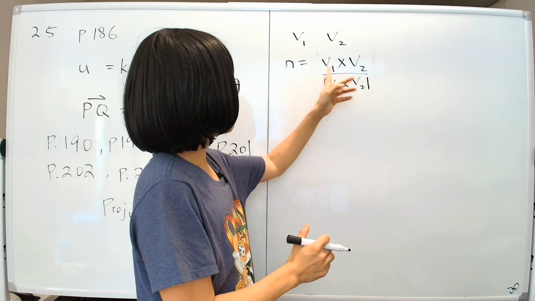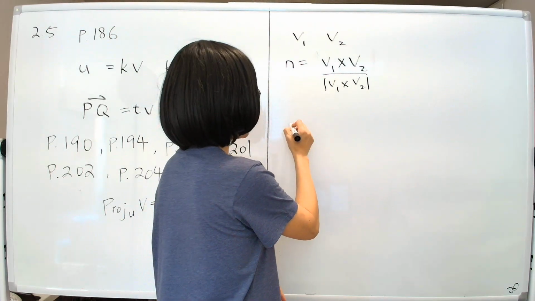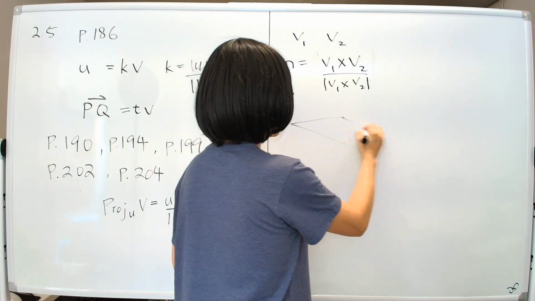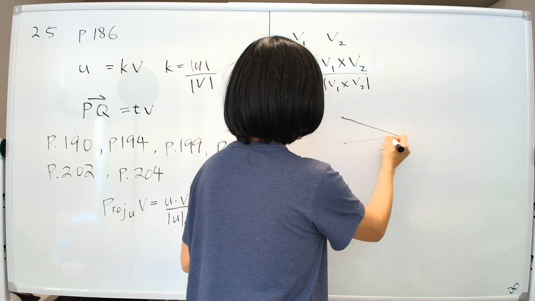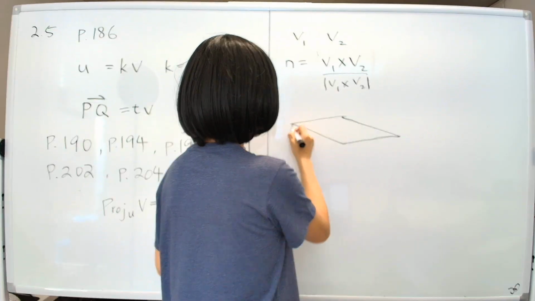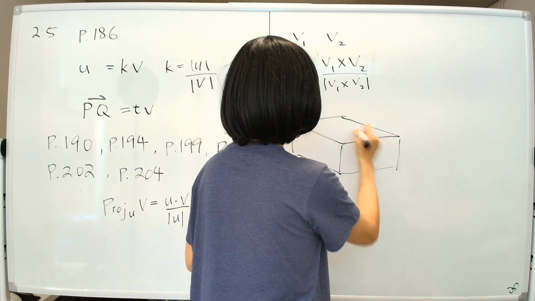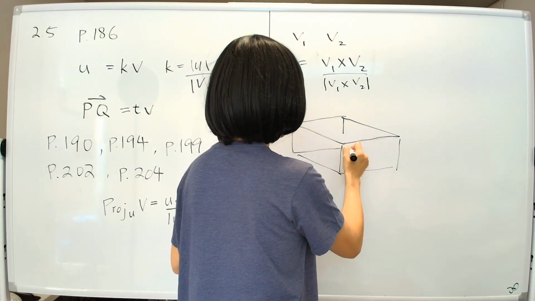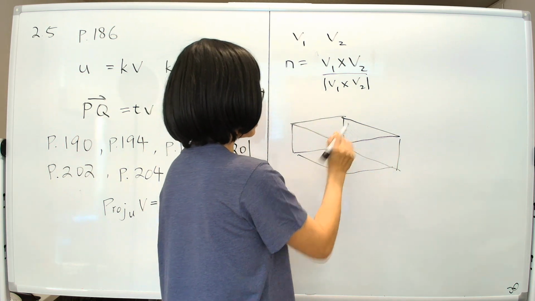Now to find out what that is, what we're gonna do is draw a box. Imagine a rectangular box. My marker is not so great. Here's my rectangular box, in such a way that the first vector is on the top surface.